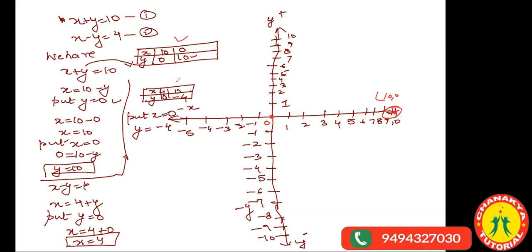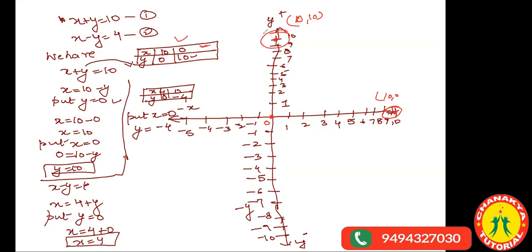Okay. Now, second is when x is 0, y is 10. When x is 0, that means x lies here only and y is 10. So that means this point will lie here. So you will write here 0, 10. Firstly, you have to write the value of x as 0, right?